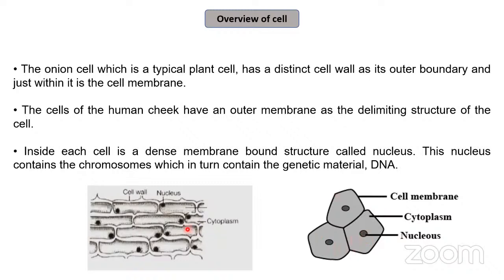The nucleus contains the chromosomes, which in turn contain the genetic material, the DNA. And in whole, this chromosome and genetic material is called the nucleolus. Basically, all of the components are similar between plant cells and animal cells. The first differentiating thing is just the presence of the cell wall.